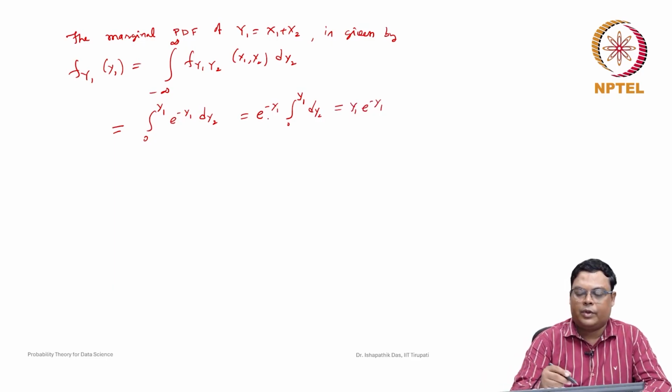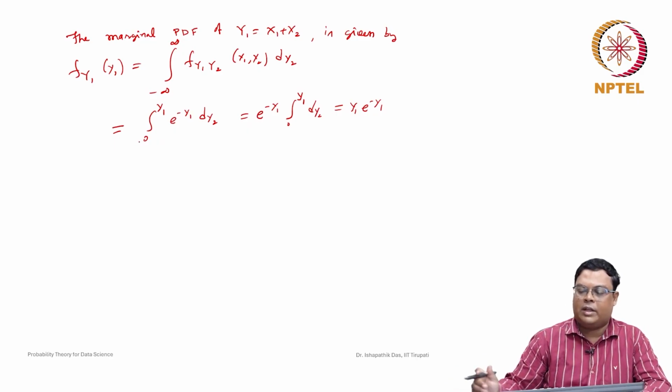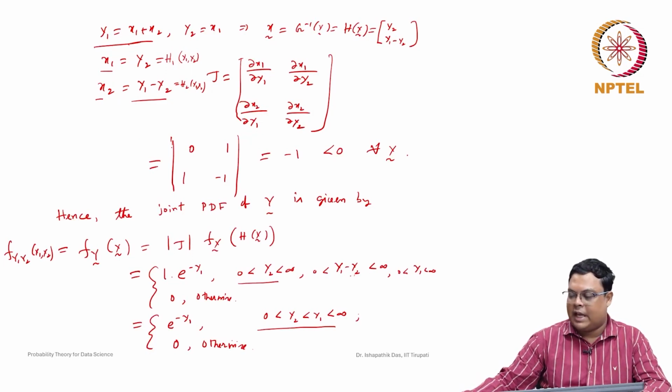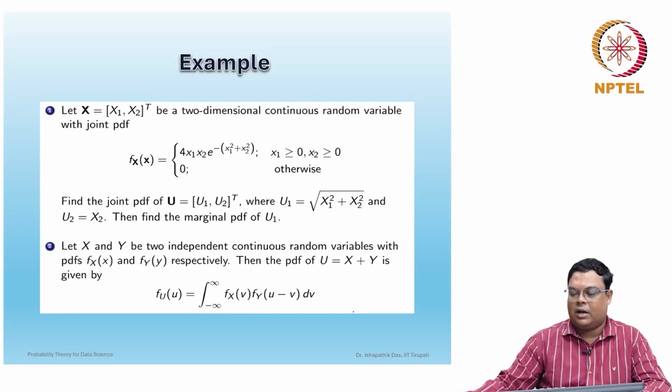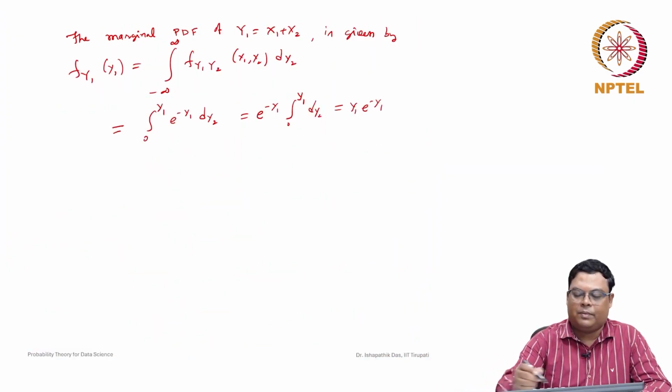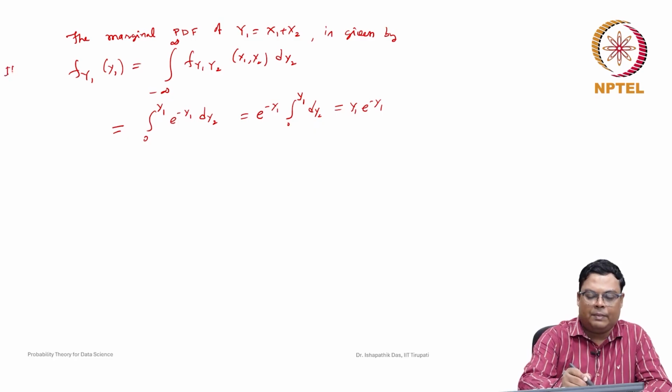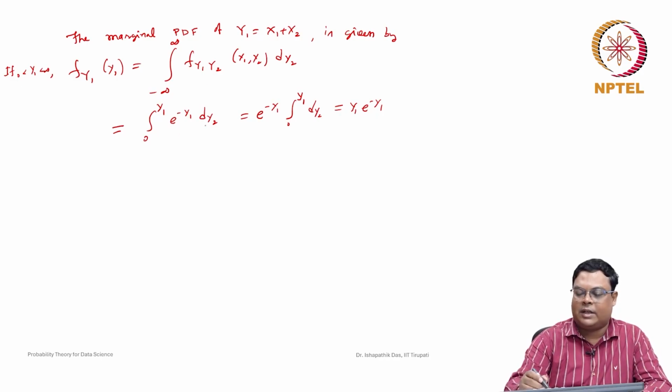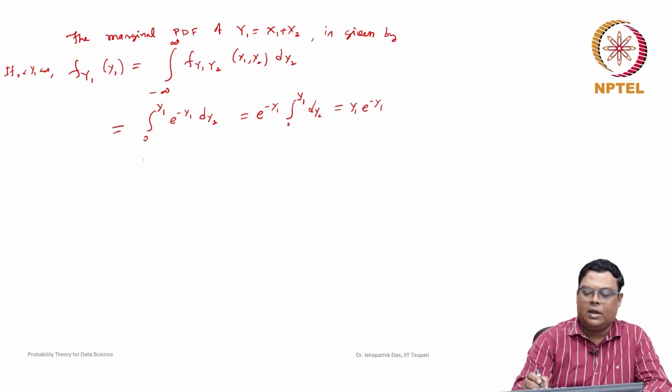This is true, but it is not true for all y1. Depending on the different values of y2, y1 actually can be between 0 and infinity, any value. That's why we have to write: if y1 is greater than 0 and less than infinity, then only we can write this density function. Otherwise, if y1 is negative, then this will be 0.